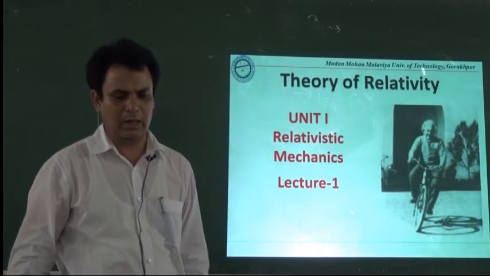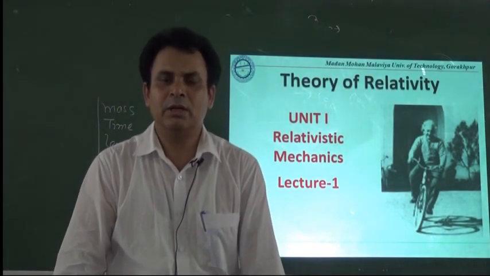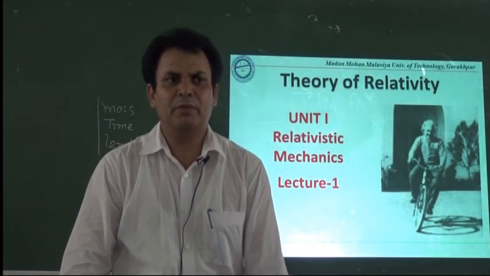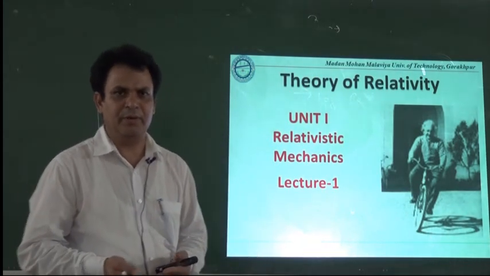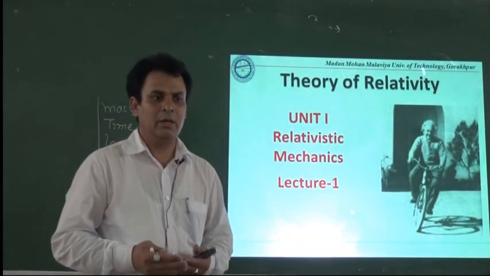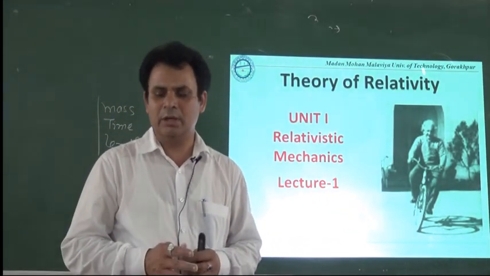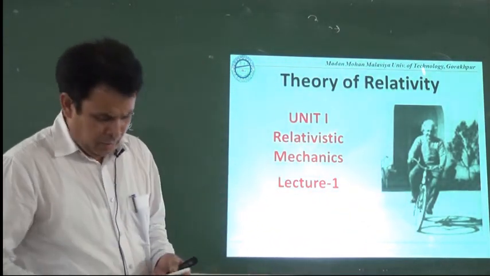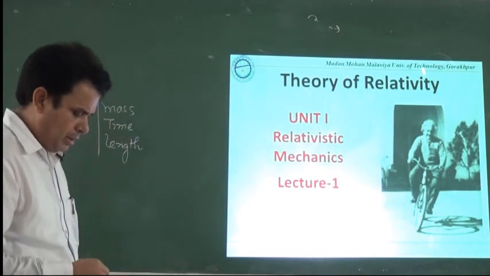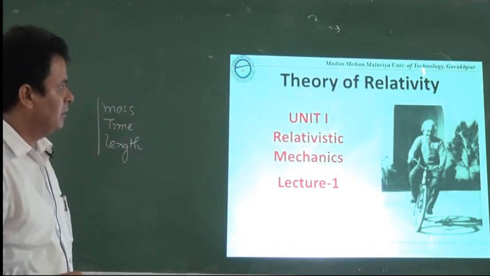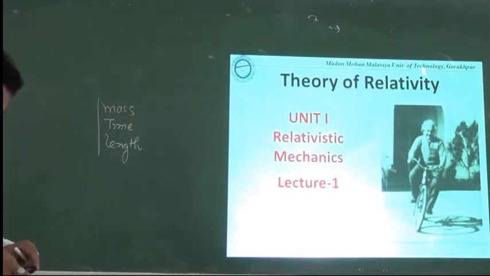This is subject to the condition that these measurements are in a frame of reference where the velocity is very high in comparison to classical mechanics. So here we will see these things depicted in our slide.